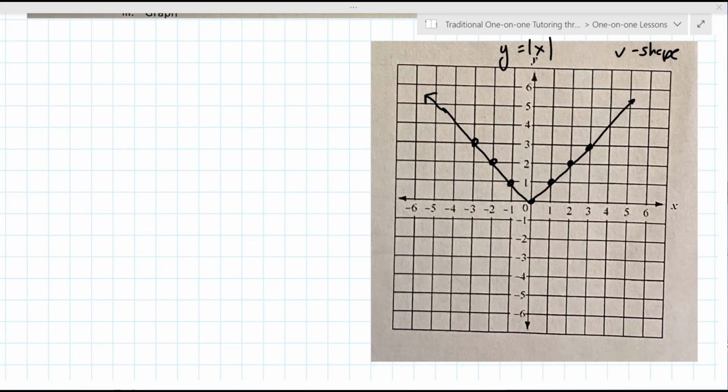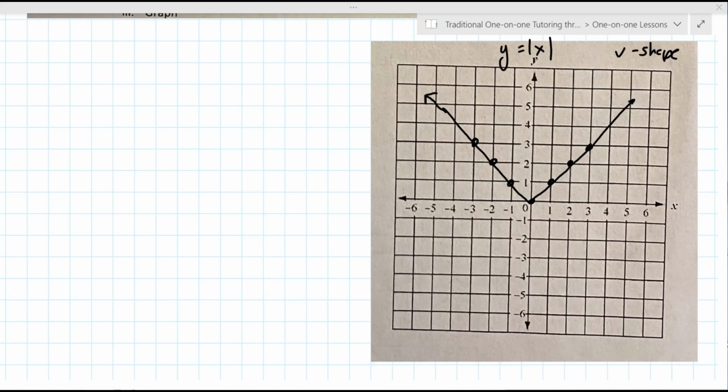Okay, let me just write that graph down. Okay, you got it down?